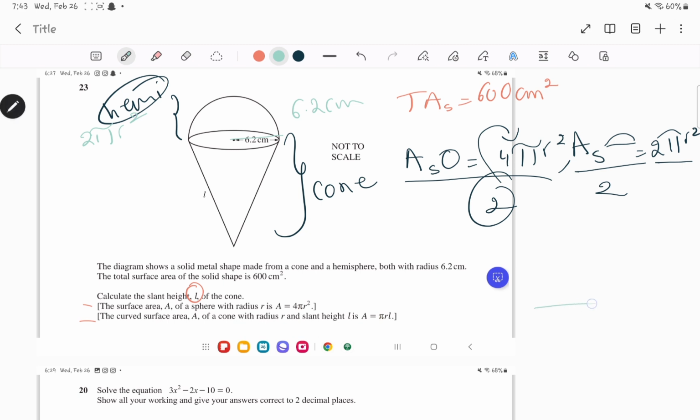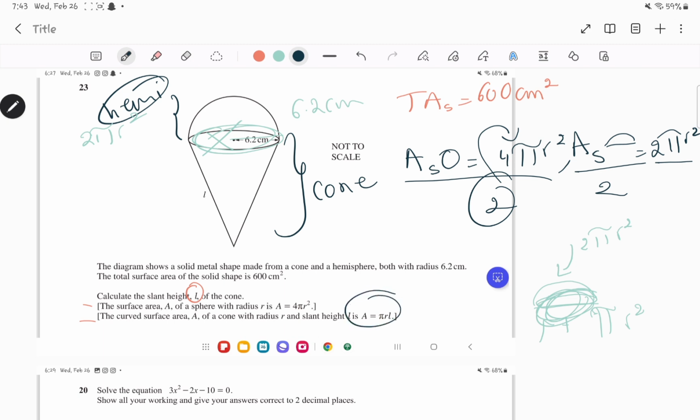Now, if it was a hemisphere by itself, just a general fact, you would take 2 pi r squared in addition to another pi r squared, because you have the surface area of the circle at the bottom. But since this is a cone, it is closed from here, so we're not going to take the surface area of this circle.